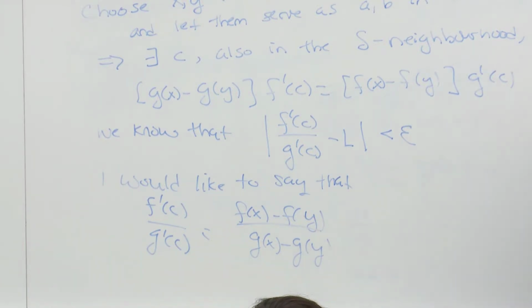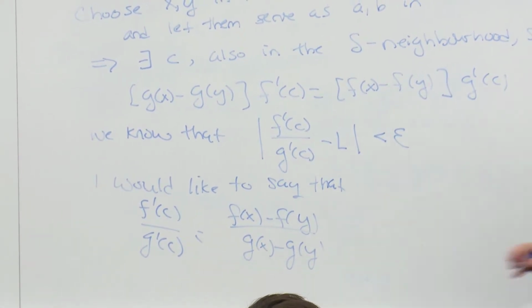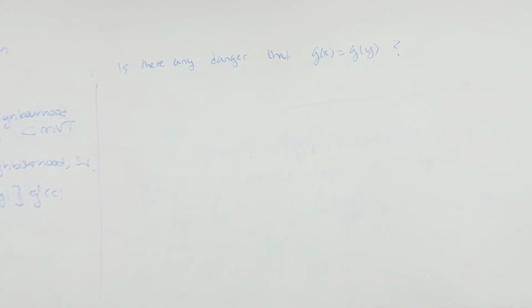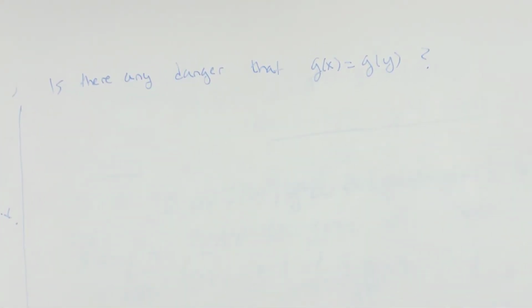So is there any danger that g of x is equal to g of y? I heard a no from somewhere. Why not? Because there's no point between x and y where the derivative of g is 0.